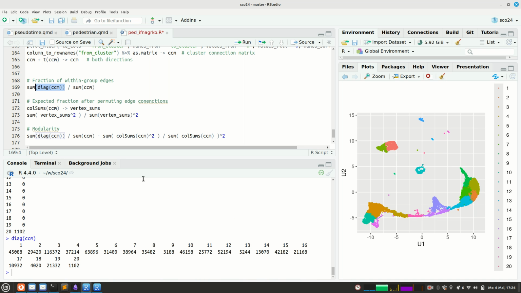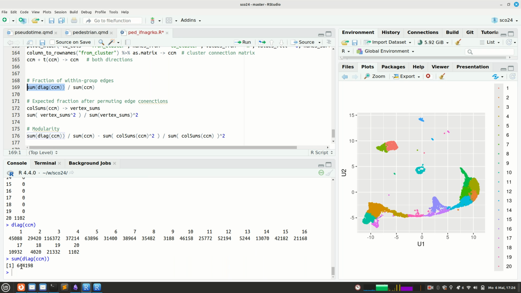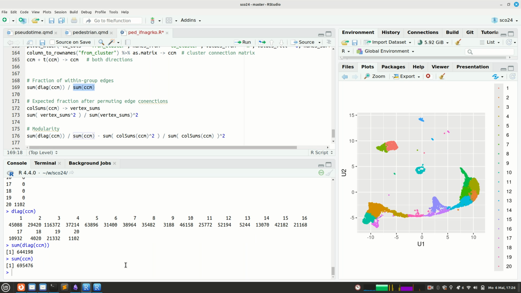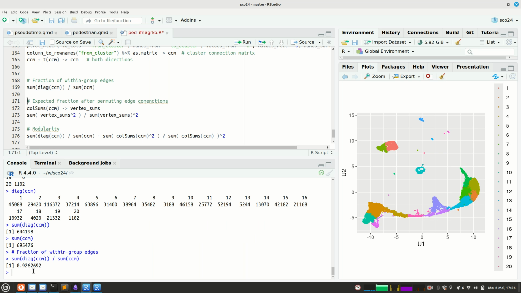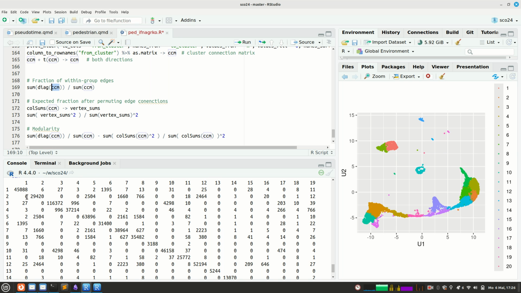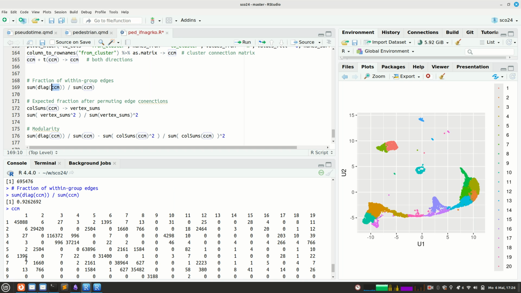If I sum them up, I get all the edges that stay within a cluster, actually twice as much, because I have counted everything doubled. And this is the sum of all connections I have in total. If I divide it, I see 92% of all the connections stay within the same cluster, because 92% of all the edge counts sit in the diagonal of this matrix, which tells us how many edges there are from each cluster to each other cluster.